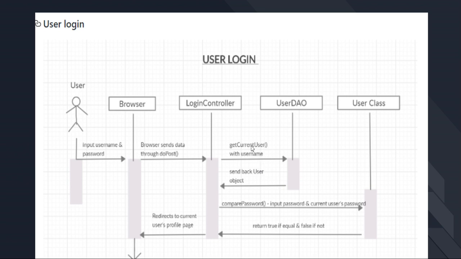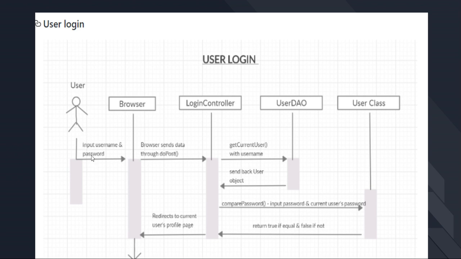Next, we want to look at the sequence diagram for the user login. Here you can see how the process interacts with the various components and the various parts of the system.